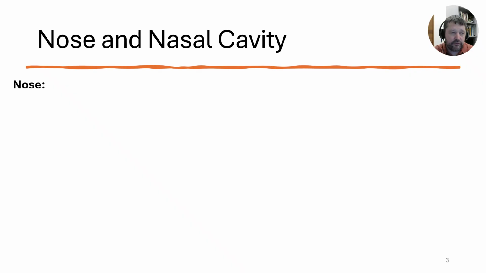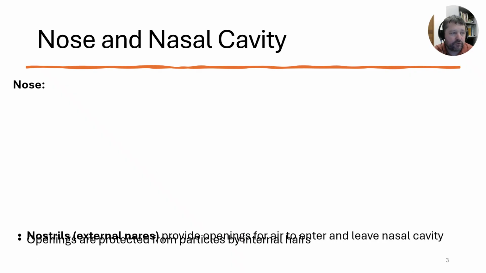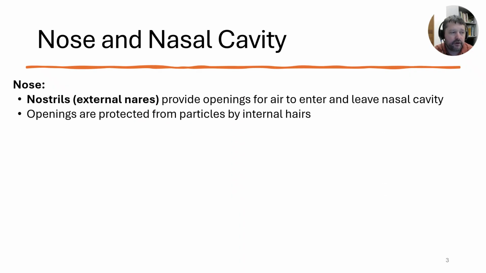All right, let's look at the nose real quick. We've already talked about this structure quite a bit. The nostrils are the external nares. That's what provides the openings for air to travel into the nasal cavity.